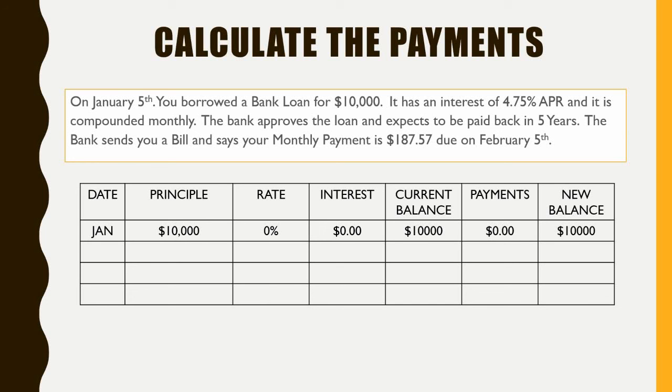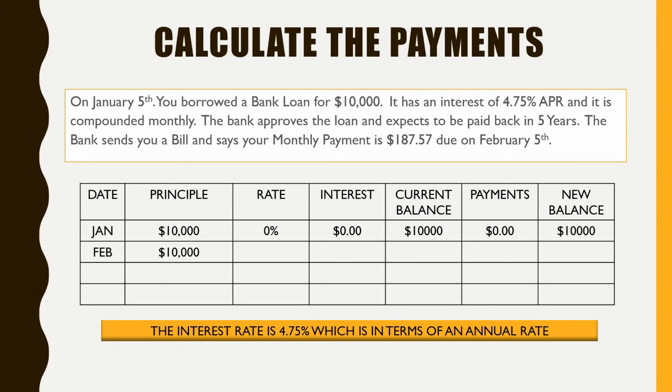Our principal right now is still $10,000, because in the month of February I only borrowed $10,000, so that is the full amount that I owe for February. Now, my annual percentage is 4.75%. That is an annual percentage.